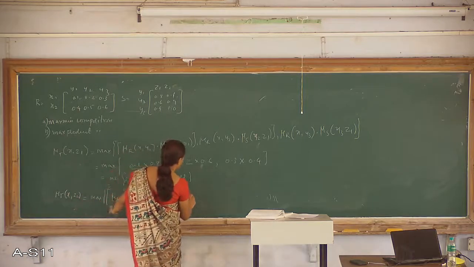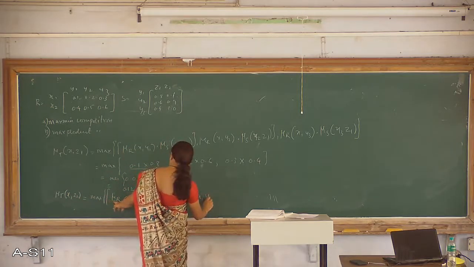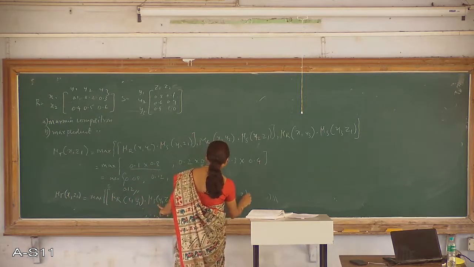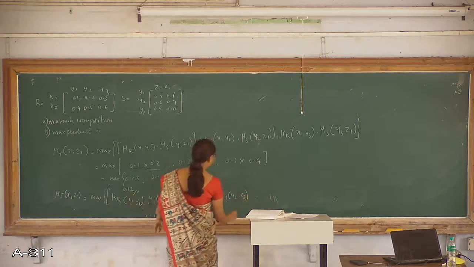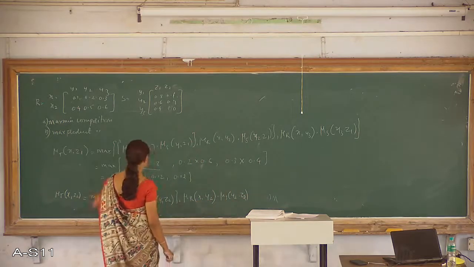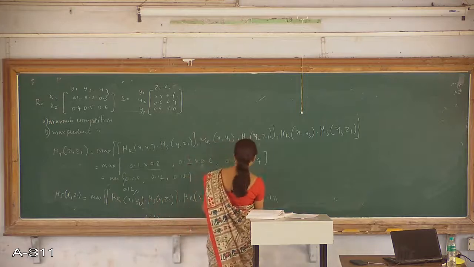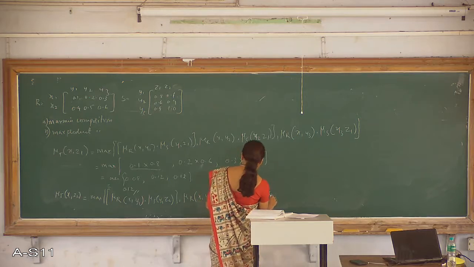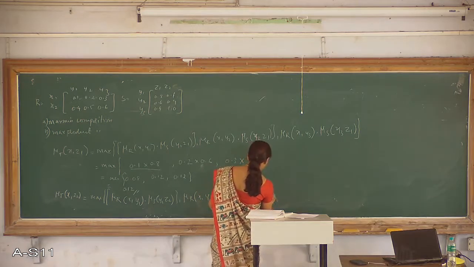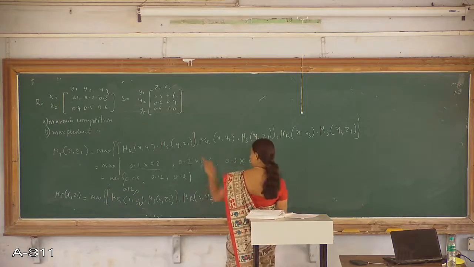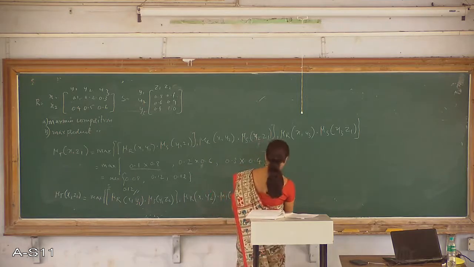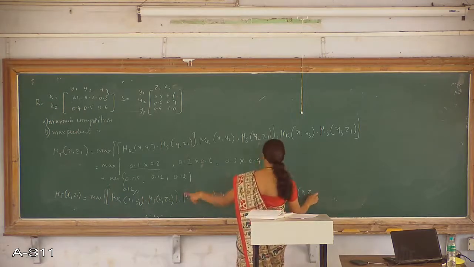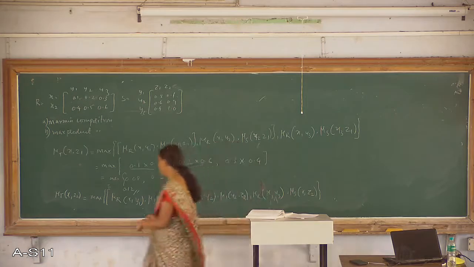Then mu r of x1 y2 dot mu s of y2 z2, that is x1 z2. Then I should have mu r of x1 y3 dot product of mu s of y3 z2, correct? Okay, so now just multiply the things.